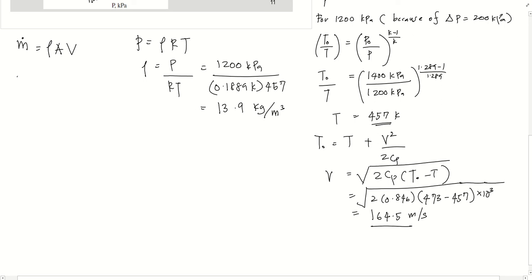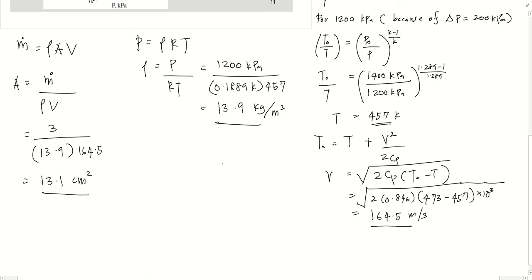Now you obtain rho. You can find the area, which equals m dot divided by rho V. So m dot is 3 kilogram per second, rho is 13.9, multiplied by V, which is 164.5, so you will get the area as 13.1 centimeter square.